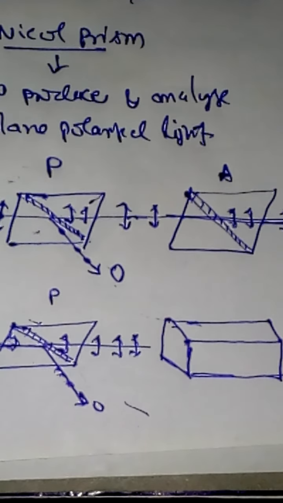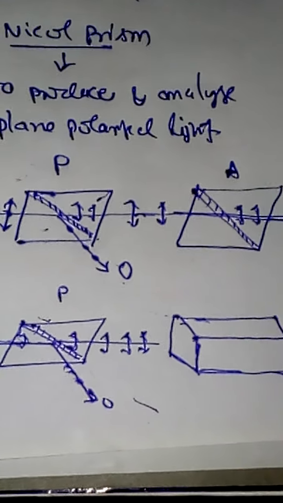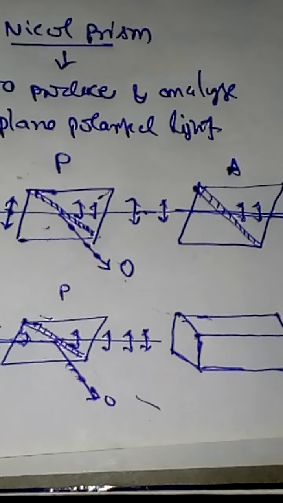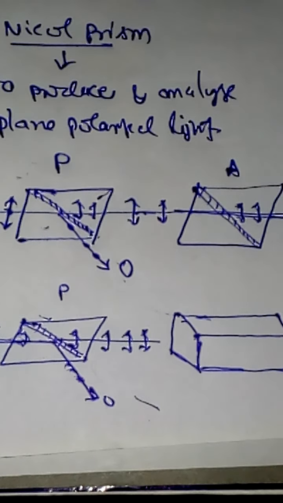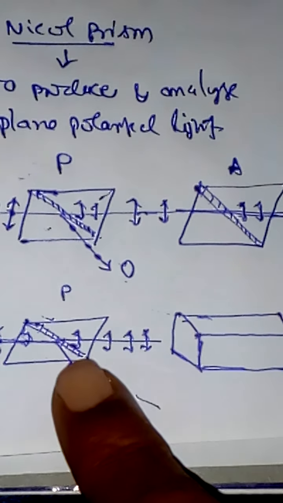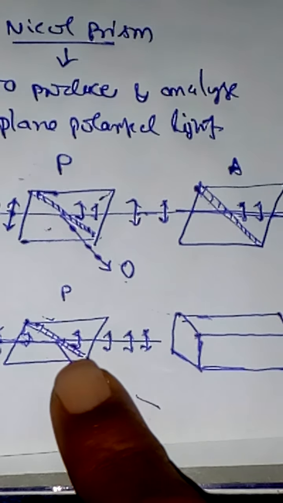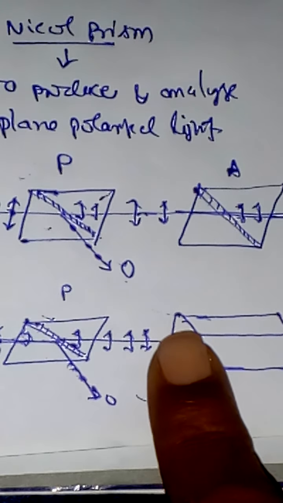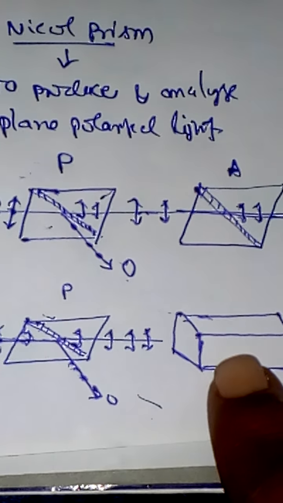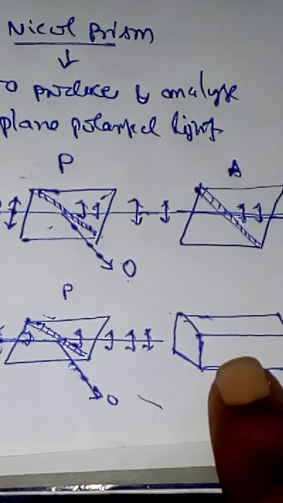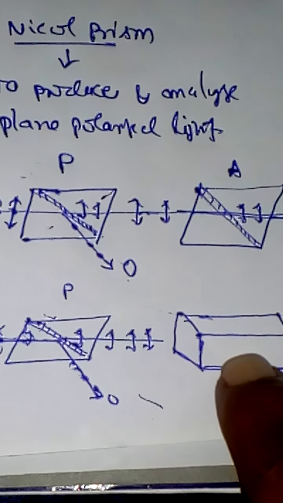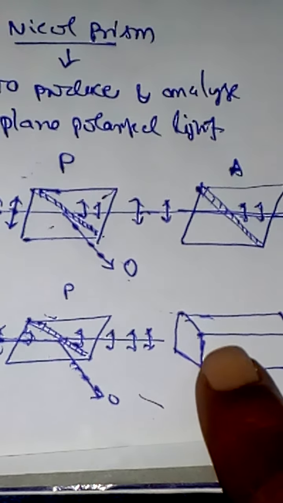That means the second Nicol prism, after the ray passes the first Nicol prism, the ray is made to be incident on a second Nicol prism, which is rotated by taking the incident beam as the axis. So the emergent beam from the second Nicol prism gets extinguished twice and will have maximum intensity twice for one complete rotation.